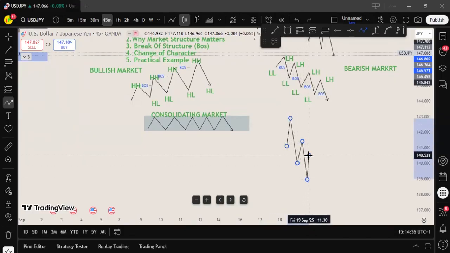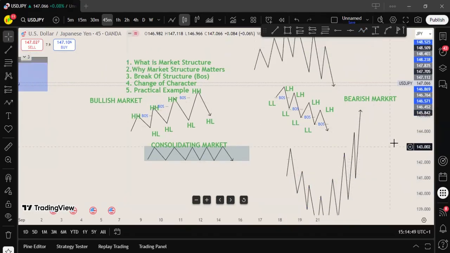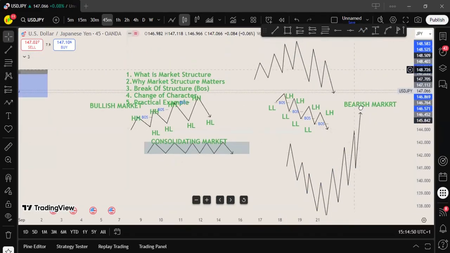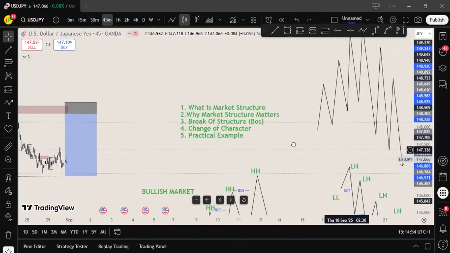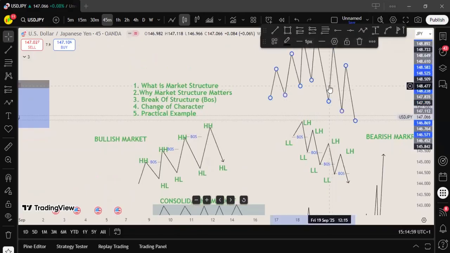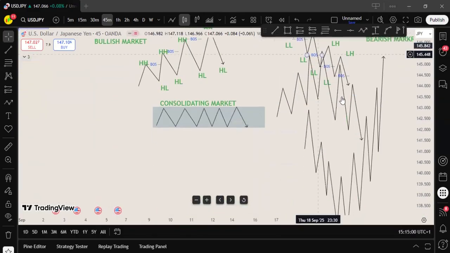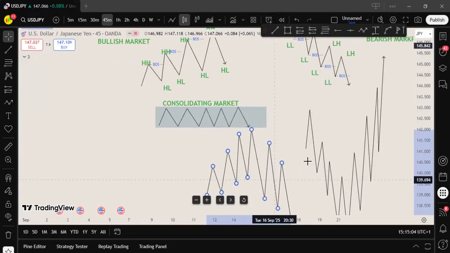Change of character means when the market changes its state of delivery, when it changes from a bullish trend to a bearish trend, or from a bearish trend to a bullish trend. Let me highlight this example for you.